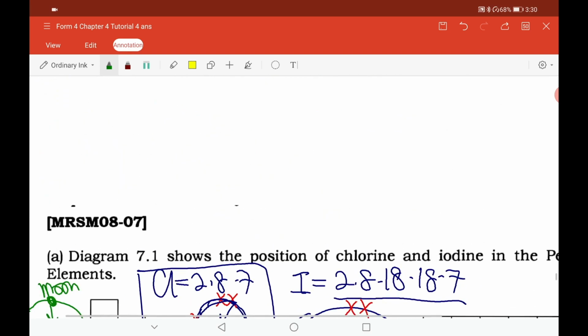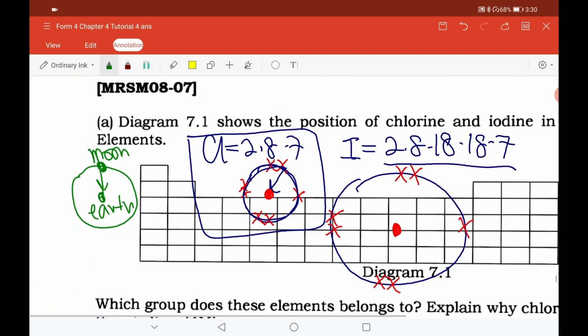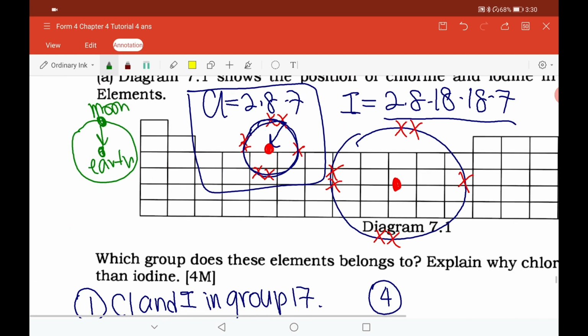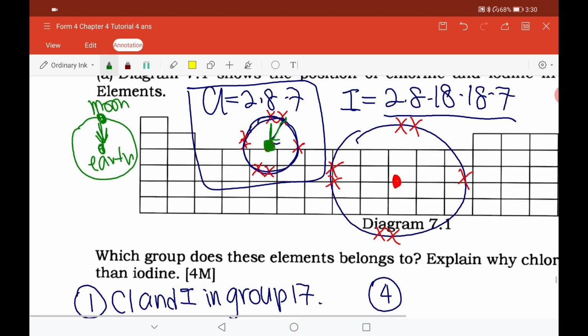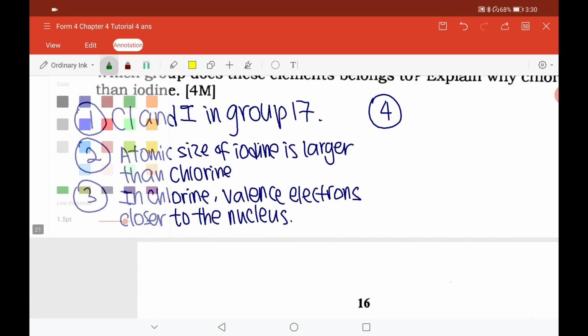The same thing applies here. So what is the name of the force? The nucleus pulls the electron, and this attraction is called nuclear attraction.